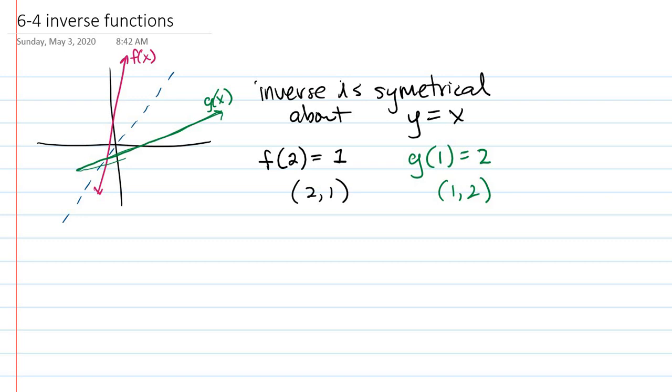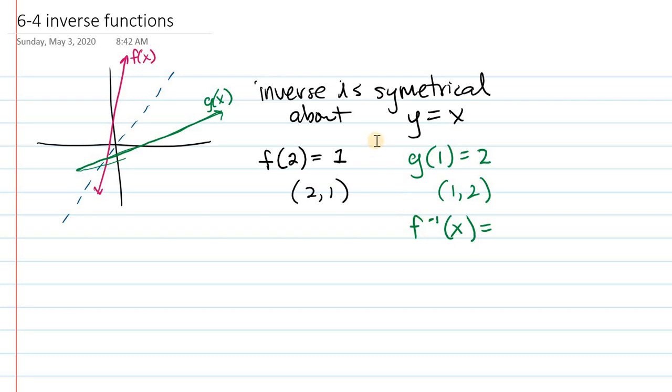Because the coordinates of g are the coordinates of f with the x and y flipped, this is what's called an inverse. In function notation, you write f with a little -1 up top, and then x. This -1 is not an exponent. It's a symbol that tells you it's the inverse of the function.